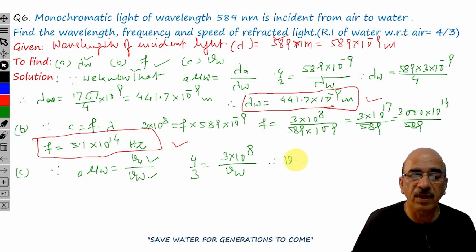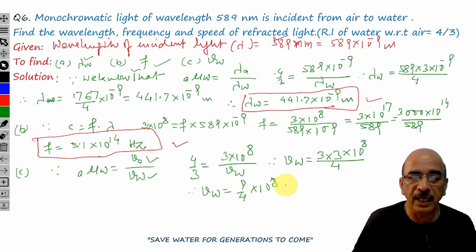So therefore velocity of light in water will be 3 into 10 raised to power 8 upon 4, and therefore velocity of light in water will be 3 is 9 upon 4, 9 upon 4 into 10 raised to power 8.